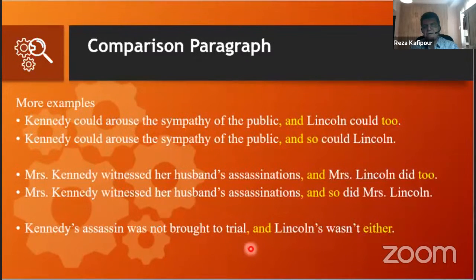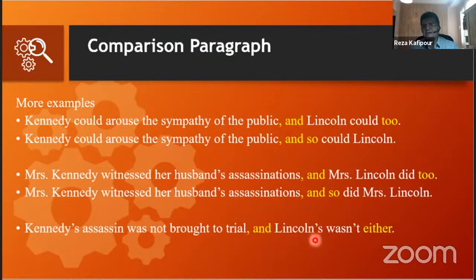And we want to say that Lincoln's assassin was not brought to trial either. We are comparing Kennedy's assassin and Lincoln's assassin based on this point that neither of them was brought to trial. So how to say it with "either": again, we say the second object or second person that we are comparing, and a negative auxiliary verb. So "was not". And since "was not" is also consistent with Lincoln, no change happened.